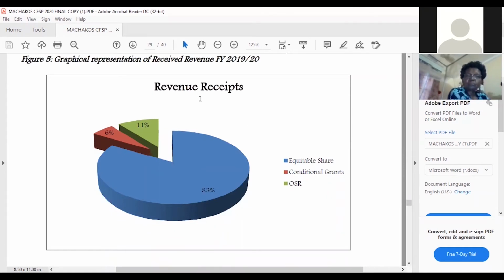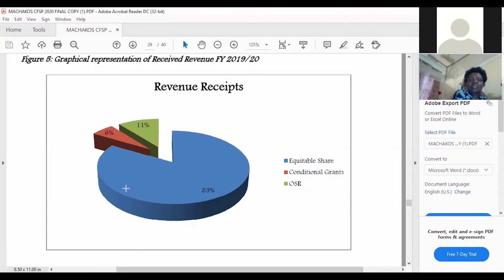All right. So which one here do you see is taking a larger chunk? The equitable share. So kindly share what is equitable share, what is conditional grants, and what is OSR.